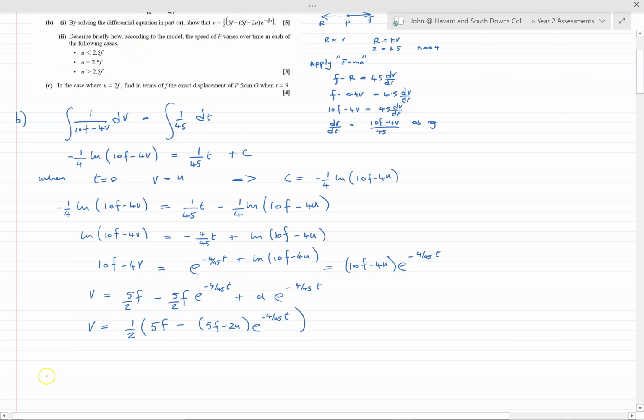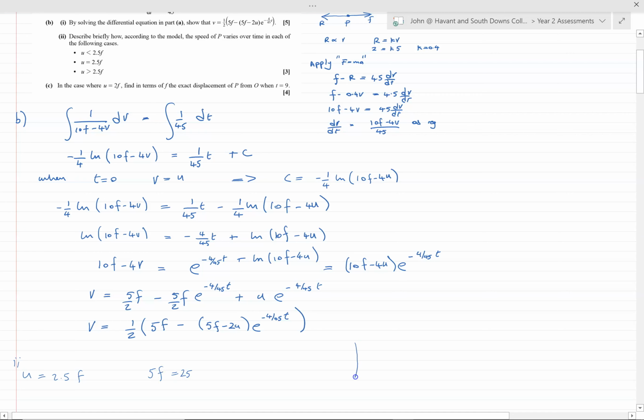I might do the middle one first because that's the simplest, because of course if 5f minus 2u is equal to 0, so if we've got u equals 2.5f, then of course that means that 5f equals 2u.